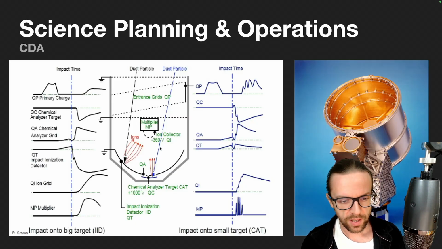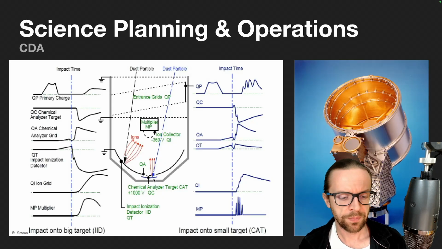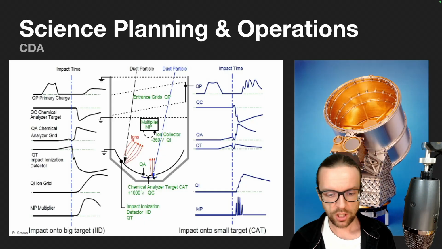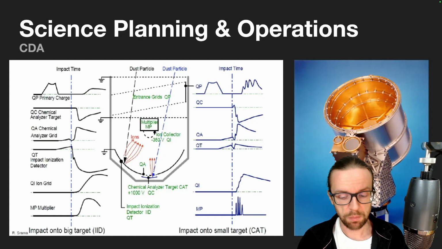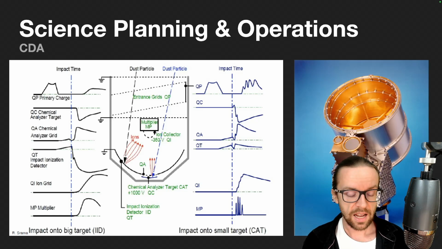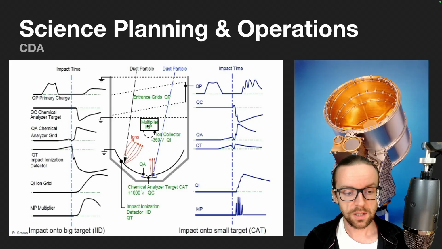At some point, it flies through the instrument and hits something called the chemical analyzer target, the CAT, which had a coating of, I think, rhodium. When the particle hits, it's like really smashing against the wall. What happens is that this particle is completely destroyed and ionized. These different ions are charged particles, and they are then accelerated by around 1,000 volt to the multiplier.